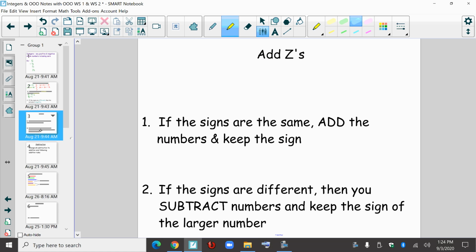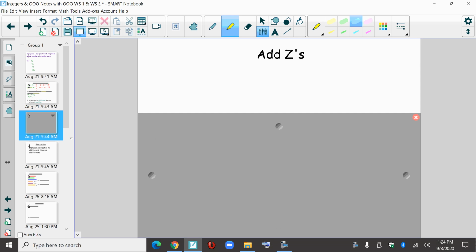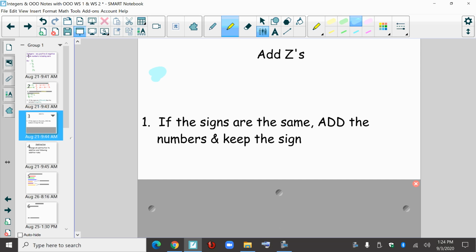Now what about adding? Adding integers, if the signs are the same, you're going to add the numbers and keep the sign. Well, why is that a true statement? Let's talk money. If I have $3 and I add $5 to it, that gives me a total of $8.